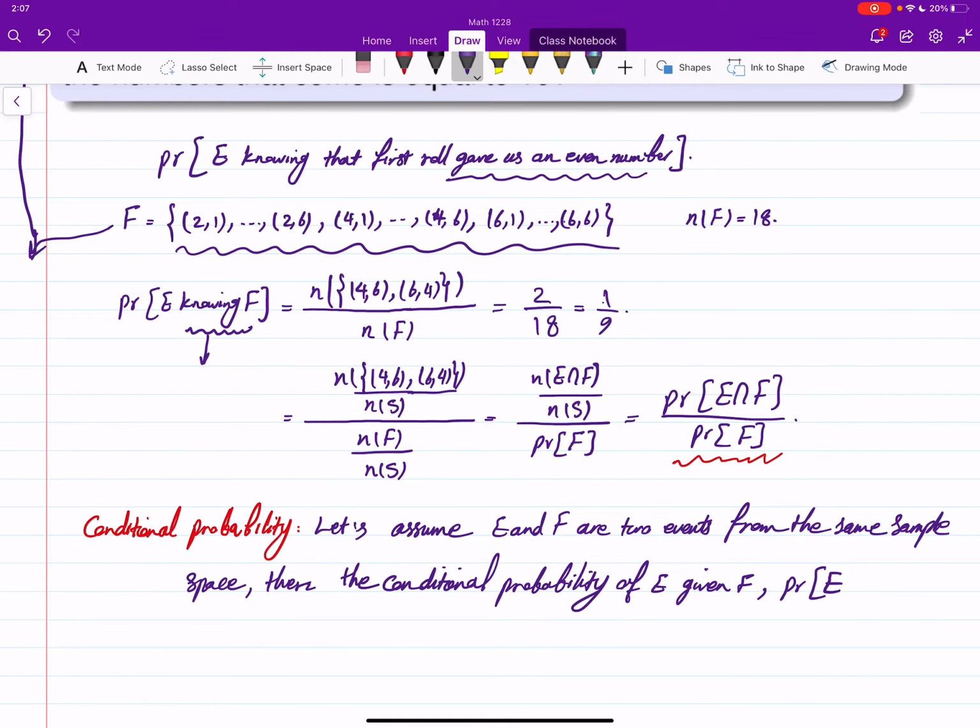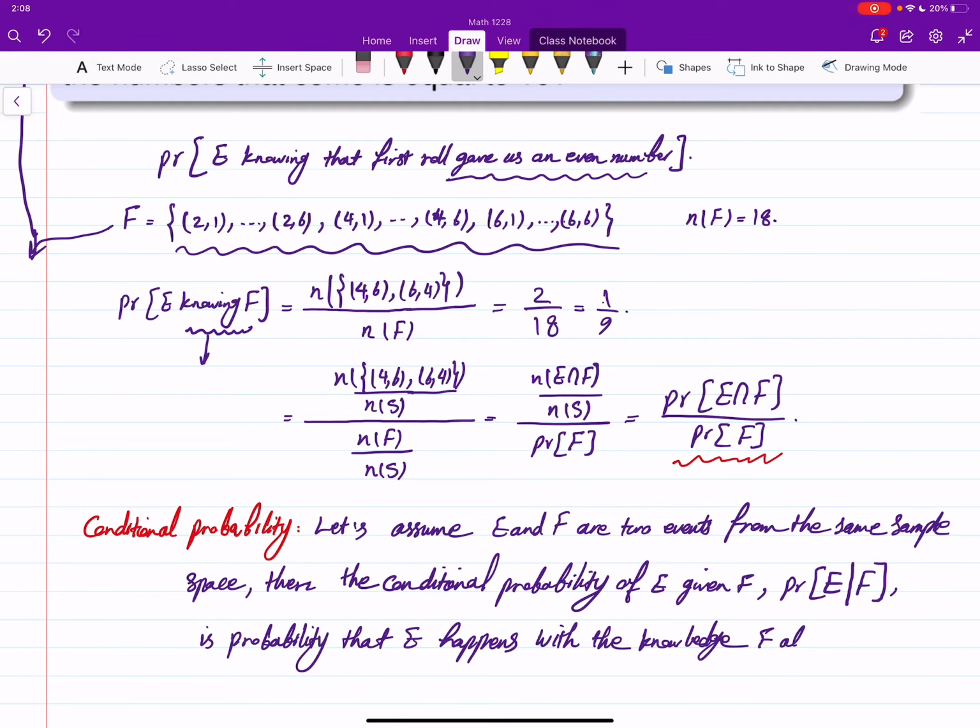We are looking for the probability of E knowing that F happened, or given that F happened. There's a line there. It is the probability that E happens with the knowledge that F already, or for sure, happened.